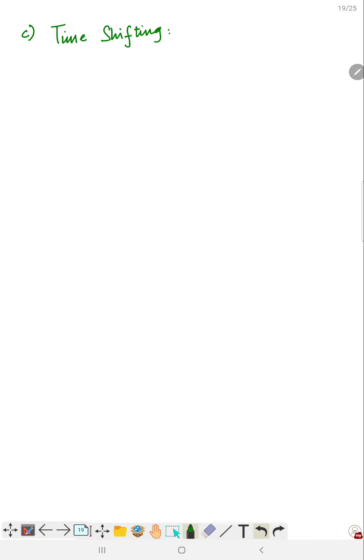Mathematically it is defined as follows: you have an original signal x of t, and we get a time shifted signal by applying some shift to the time. So here t naught is the time shift.